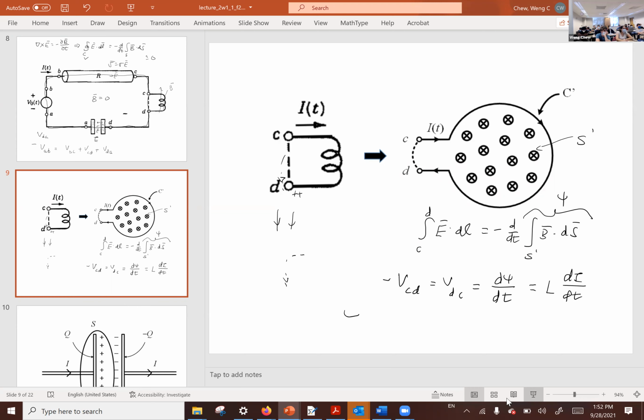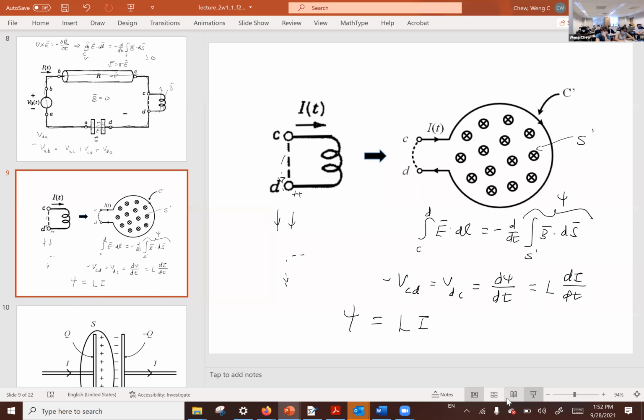Flux linkage in an inductor is proportional to the current. The higher the current in an inductor, the more flux will be generated. This is the property of an inductor, and that proportionality constant is called the inductance.